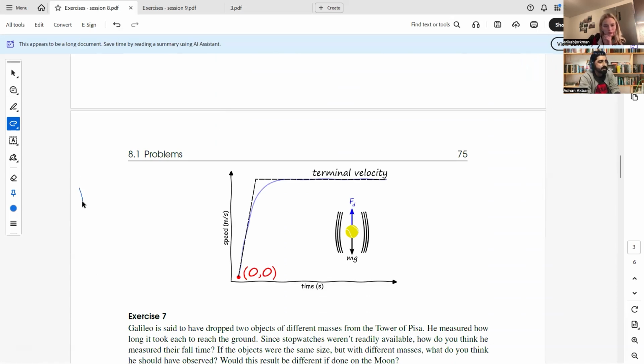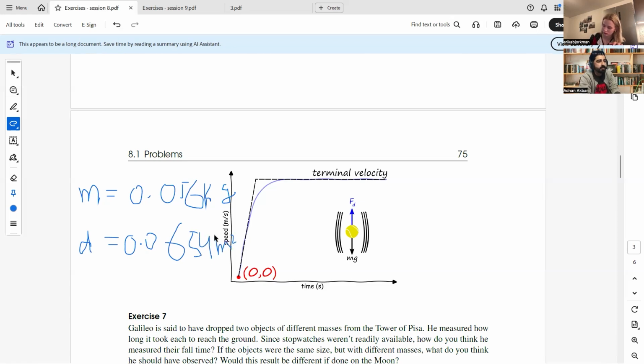We will use these values to verify the results we have found in our previous case. 0.056 kg is the mass of the tennis ball and its diameter is 0.064 meters.